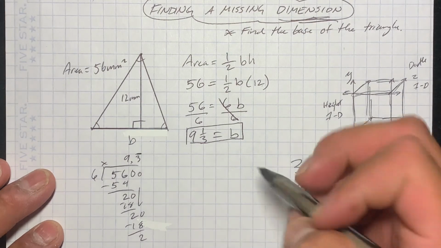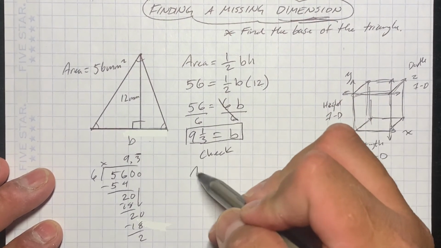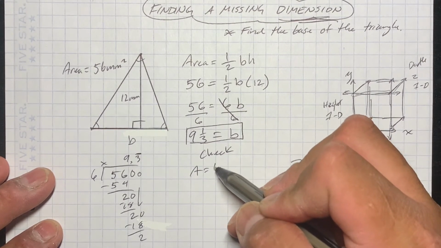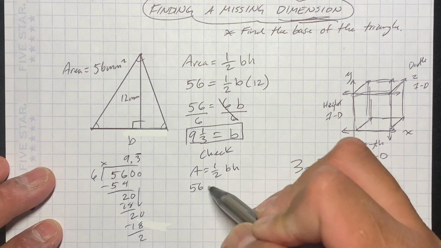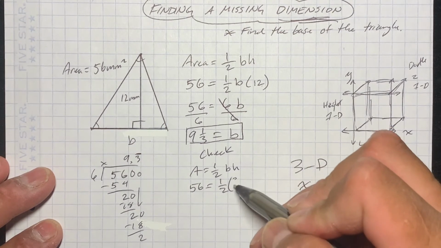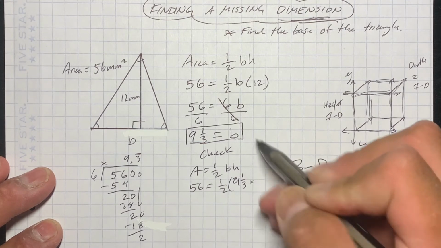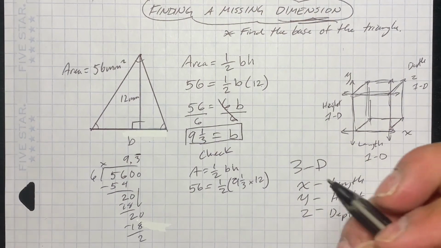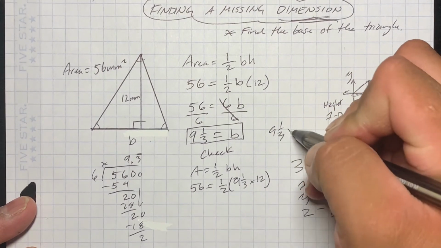Okay, so we're gonna check real quick, and it should match. Now the area equals, I guess, half of the base times height. Okay, 56 is the area, half, and then we're saying the base is 9 1/3 times 12. Okay, so now we're gonna have 9 1/3 here times 12.